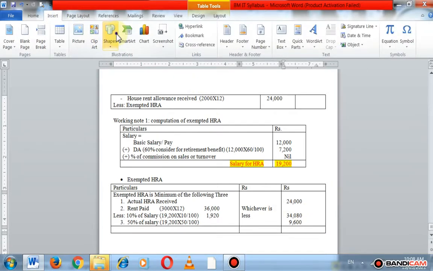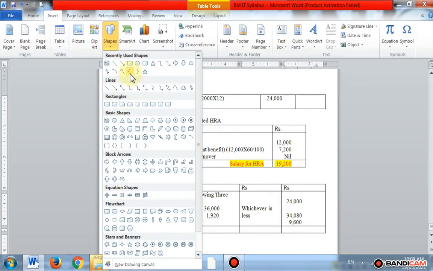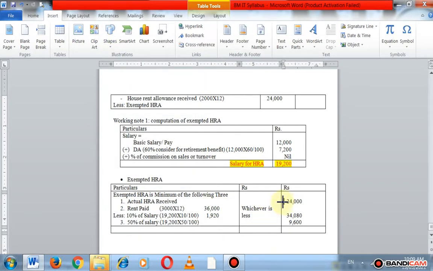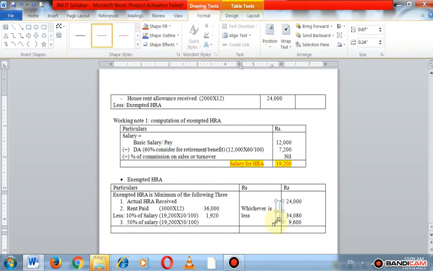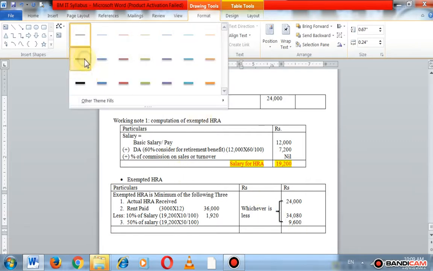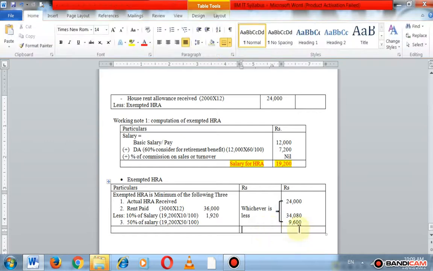Whichever is less is the exempted HRA. Got it? Whichever is less is the exempted HRA. So here the lesser value is 9,600, so 9,600 is the exempted HRA.